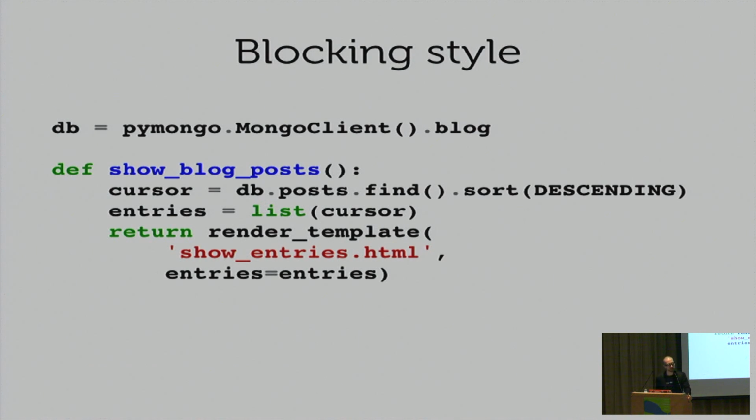So this is the only code example that I'm going to show. And the idea is to show you what it would be like to use the multi-threaded blocking style of I/O to implement a blog using Python and MongoDB. So you start off, when the application begins, you make a connection to MongoDB over the localhost connection.